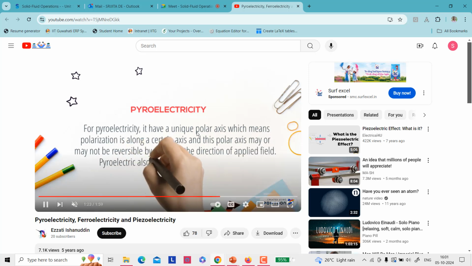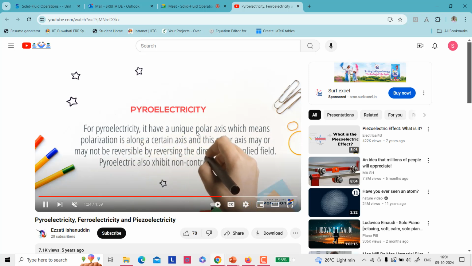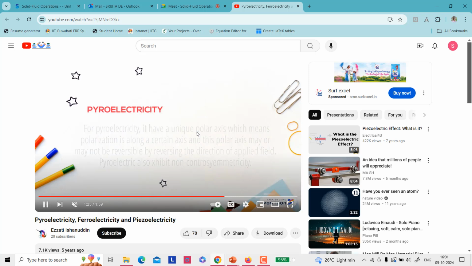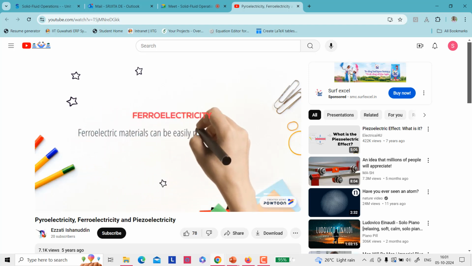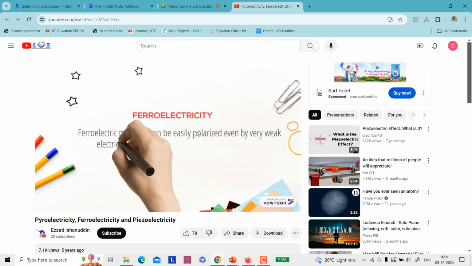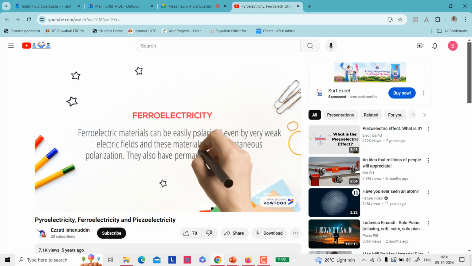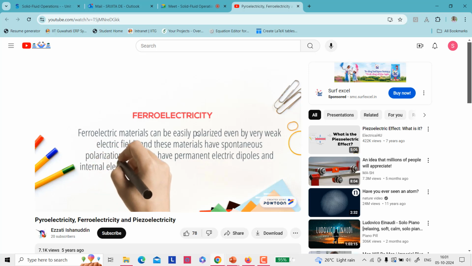They also have permanent electric dipoles and an internal electric field which develop spontaneous polarization. That is why they are spontaneously polarized. And they exhibit non-centrosymmetric symmetry. Non-centrosymmetry refers to the point groups that lack an inversion center. They are non-polar dielectric groups.